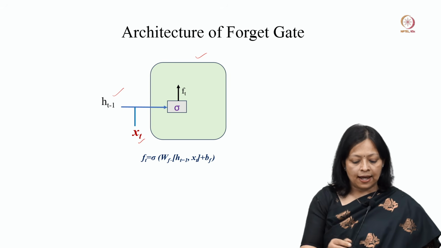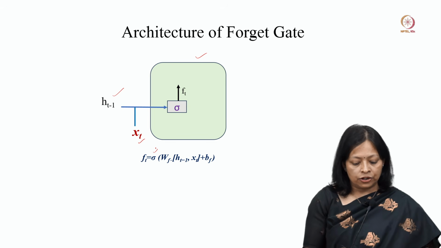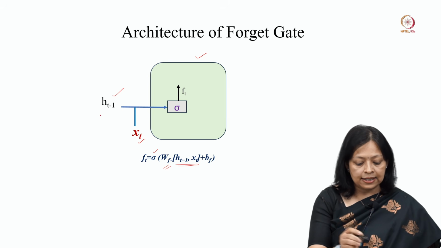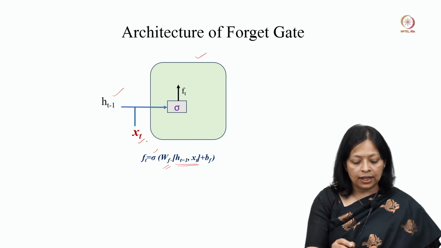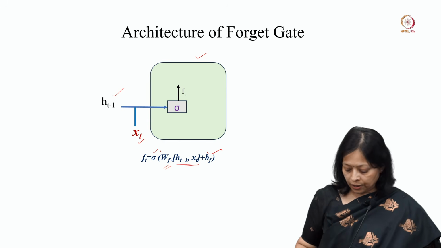Now, what is this Ft? Ft is the sigmoid function working on Ht minus 1 and Xt. So, it is a weighted sum of Ht minus 1, the hidden state, and the input at the current state, plus a bias term, and this entire thing goes through a sigmoid activation.